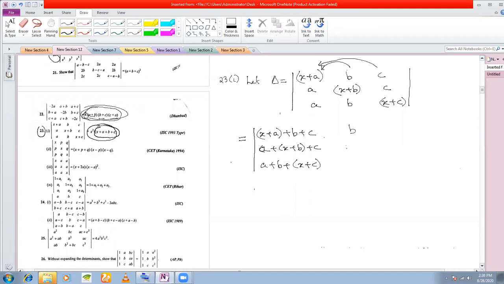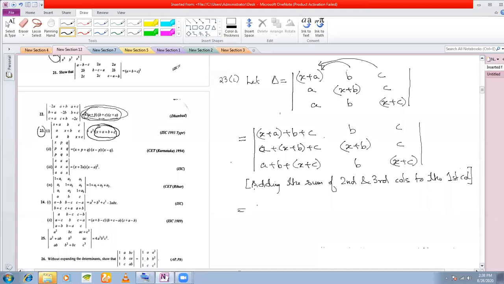And these two columns remain as they are. So my step here is adding the sum of the second and third columns to the first column.